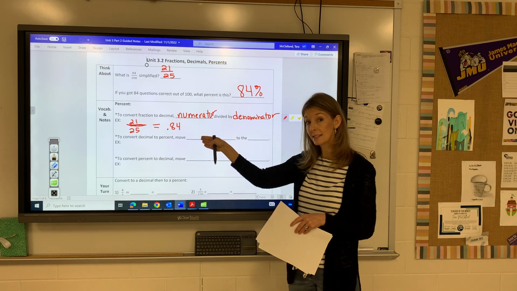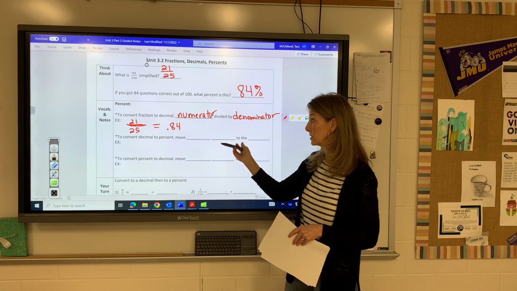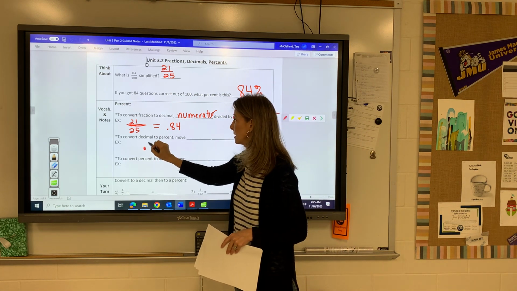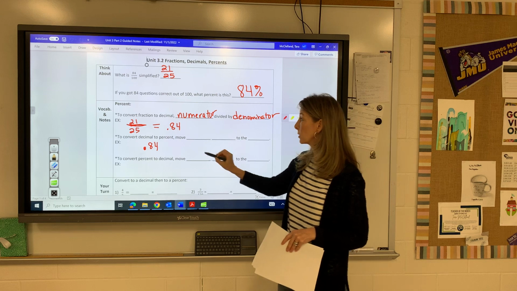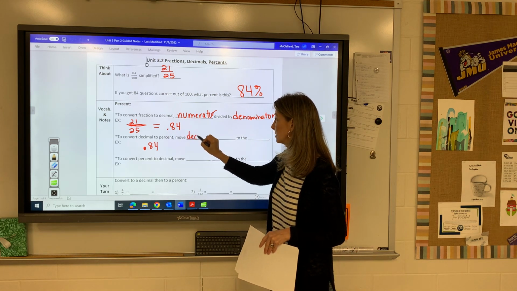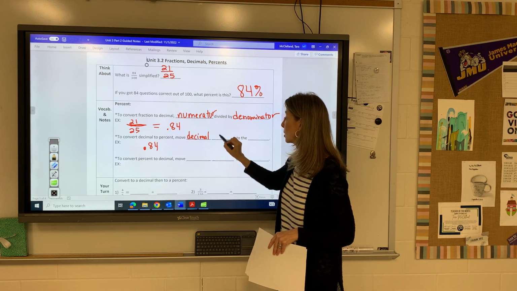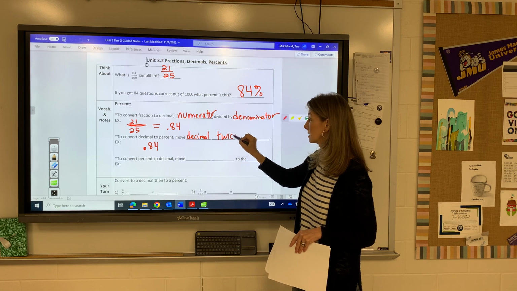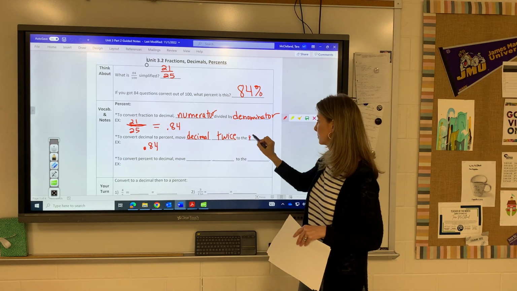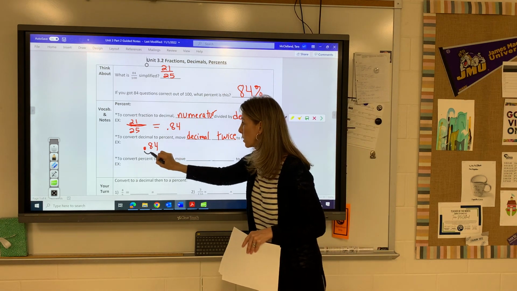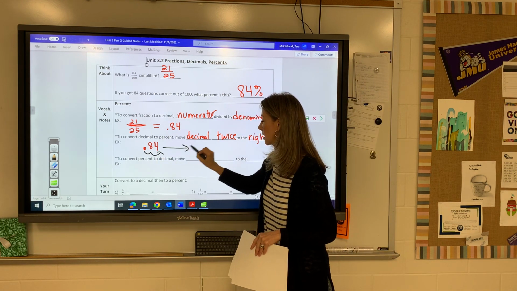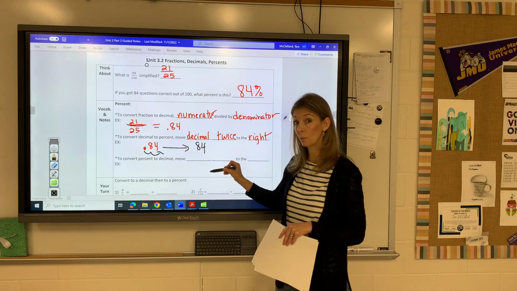Now, to take that decimal and move it to a percent, we're taking the 0.84 and turning it into a percent, we are going to move the decimal twice to the right. So we're simply moving this 1, 2, and we end up with 84%.